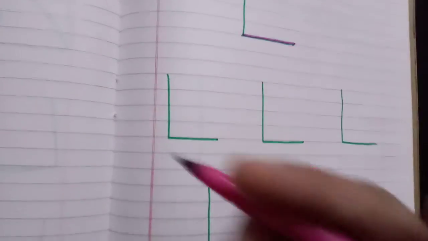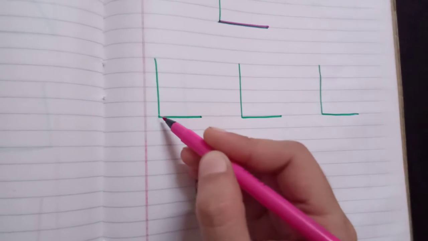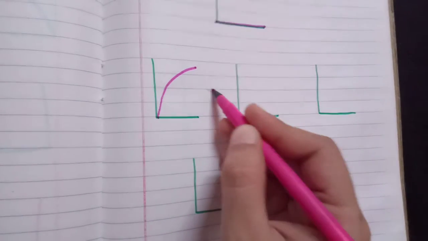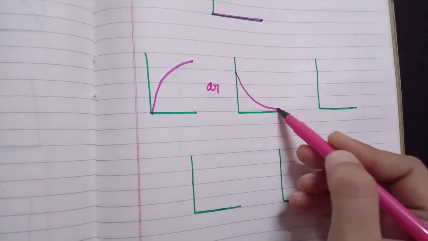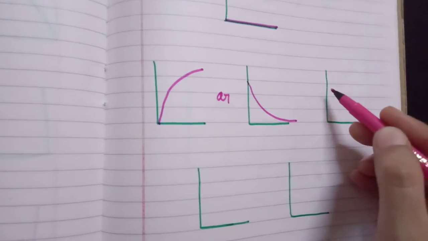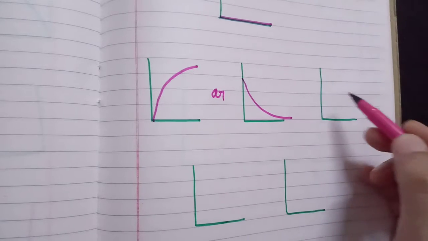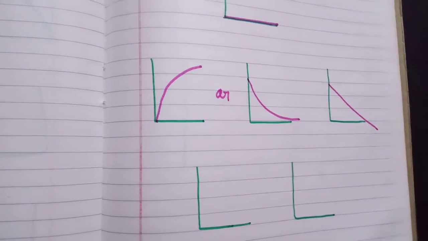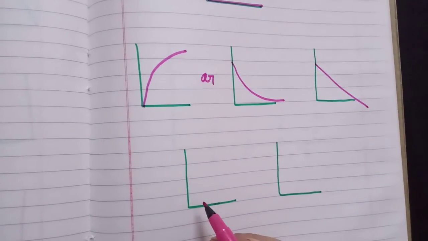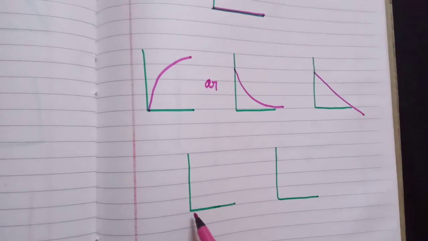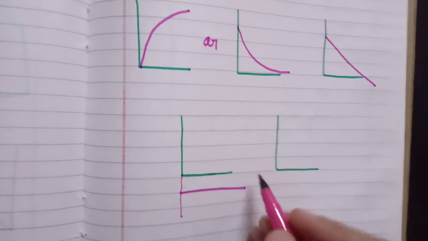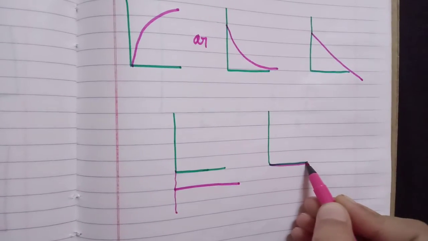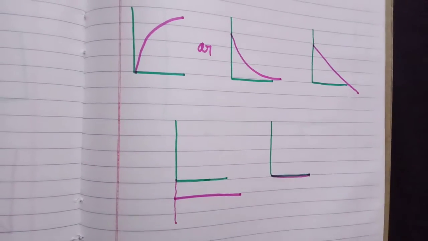For the decreasing, if the graph is like this or like this, and this is the ST graph, its VT is like this and its AT is like this, and at the next level it is like this.